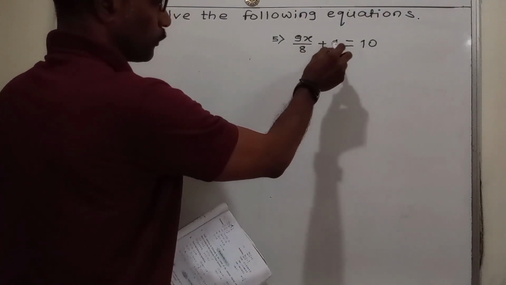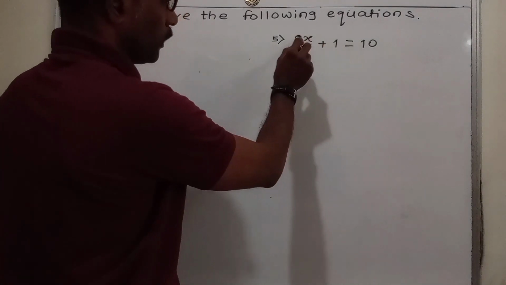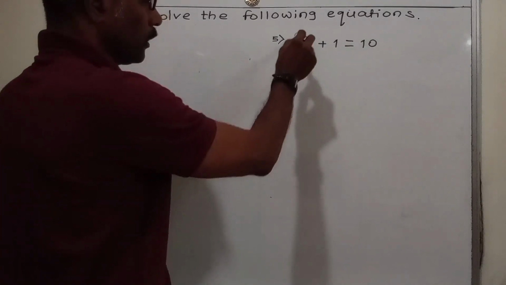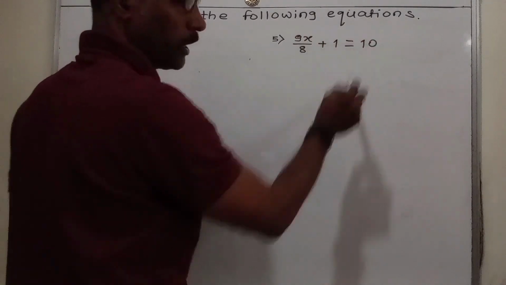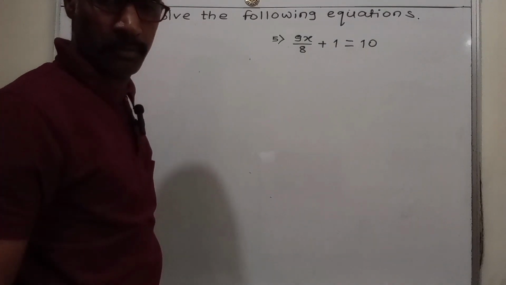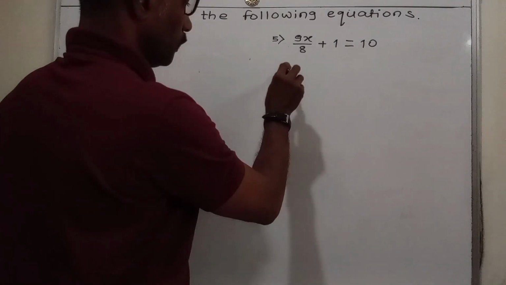Example number 5: 9x upon 8 plus 1 is equal to 10. Now see this, 9 upon 8 into x. This term is different than 1 and 10. Now which are like terms here? 1 and 10. Very good.